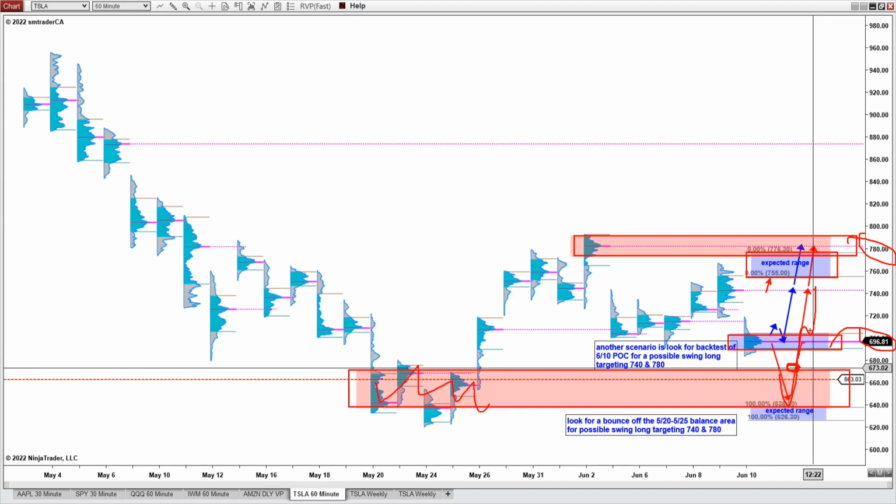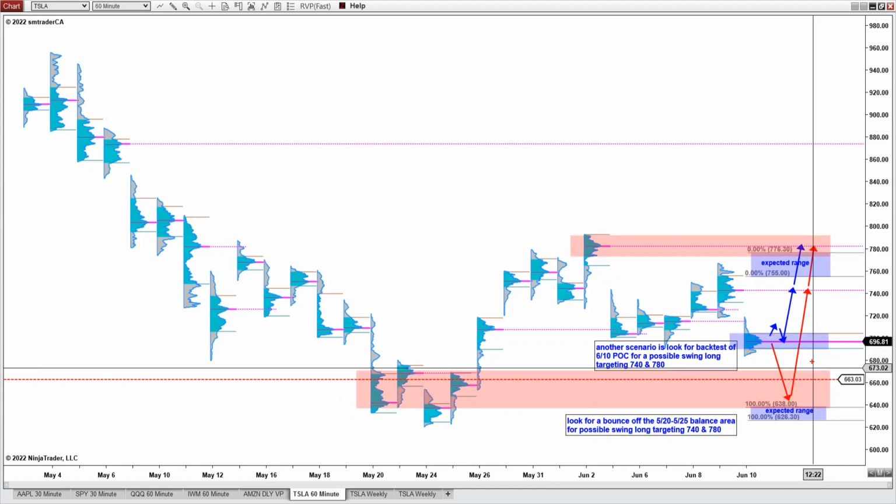Okay. Now on the downside, I also have the expected range for the bottom of the expected move: 620, 626, and 638. So look for this move to come down into this range, then see if it is able to get a bounce back out of it, then look for a break of this value area for a potential long if you want to play it for the long side, right?